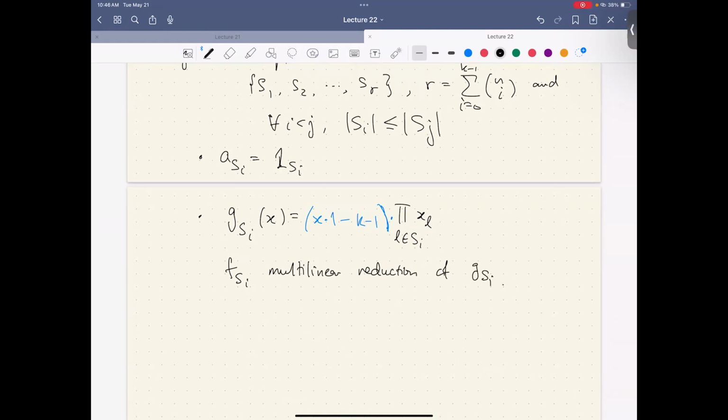Okay. Now we are done with introducing all these three families.